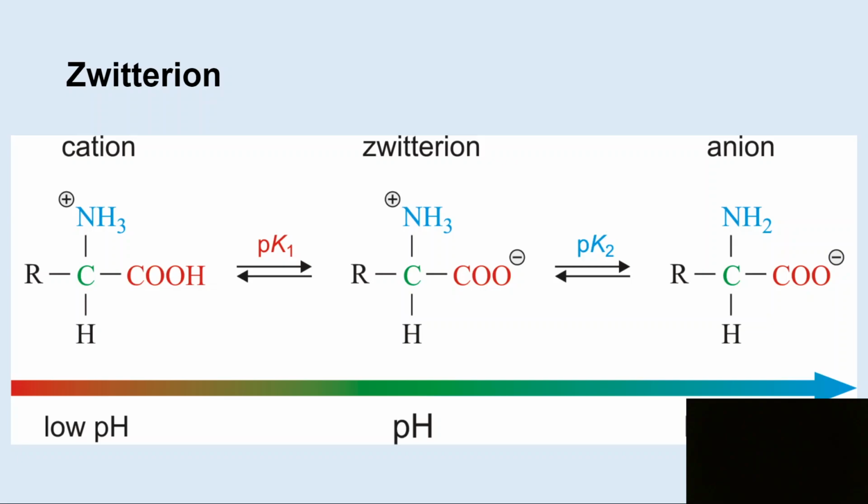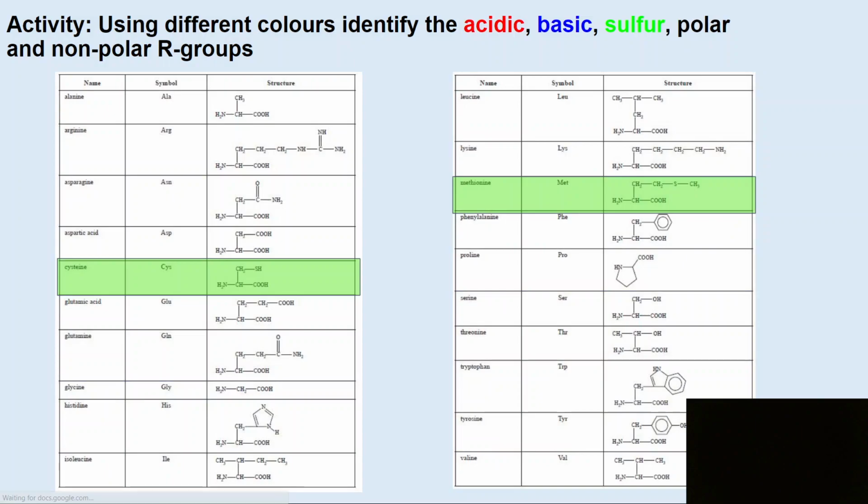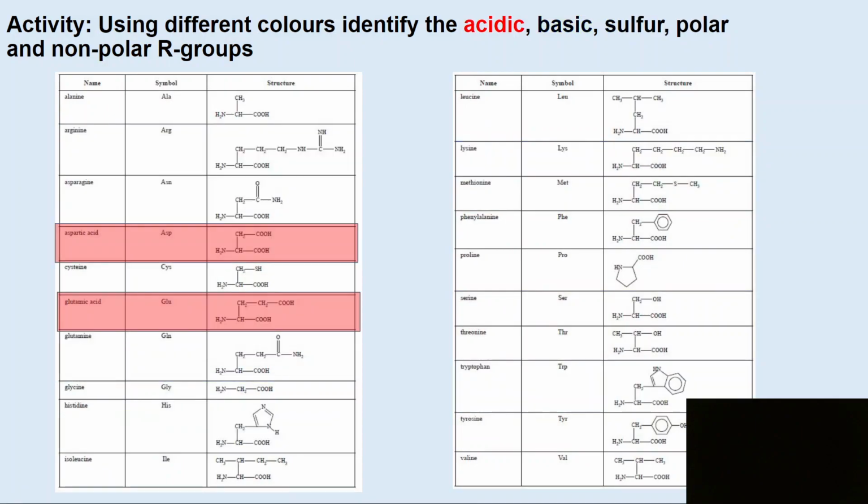The pH also affects those acidic or basic functional groups. If we go back to here, at very high pH, both COOH functional groups will be deprotonated in aspartic acid and glutamic acid. So both the COOH that is part of the amino acid and that within the functional group will be deprotonated.